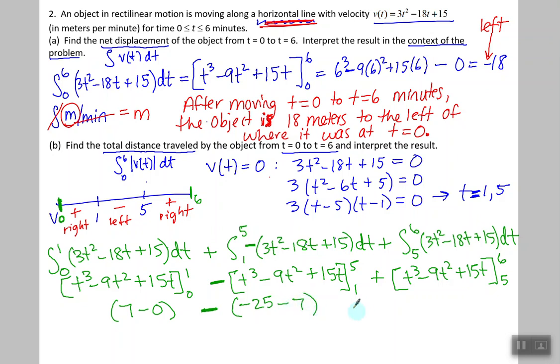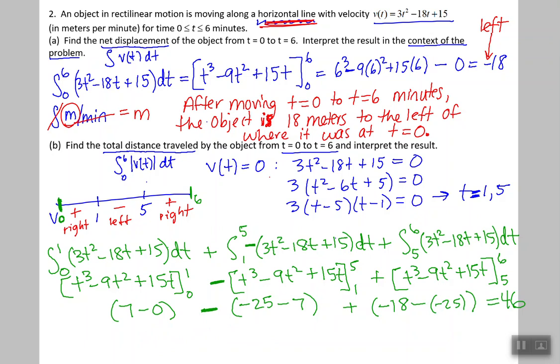I subtract those. Plus, in the last interval, plugging in a 6 gives me negative 18. Plugging in a 5 gives me negative 25. And then we can simplify this, and we get altogether 46.